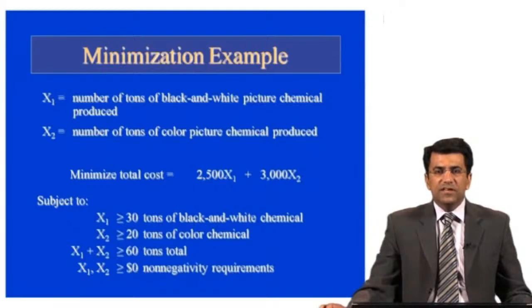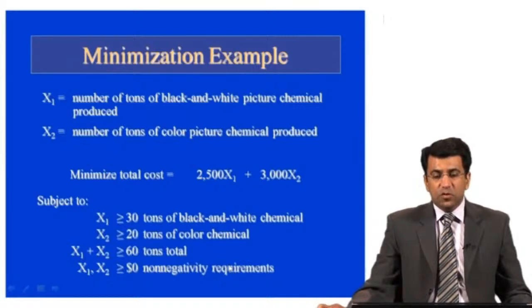Non-negative constraints are taken in the sense that x1, x2 value cannot be less than 0. That cannot be negative, because we are talking about the quantity of a product, and the quantity of the product used or particular chemicals used cannot be negative. So the value of x1 and x2 is always equal to or greater than 0. So this is the particular analysis of the problem presented in this situation.